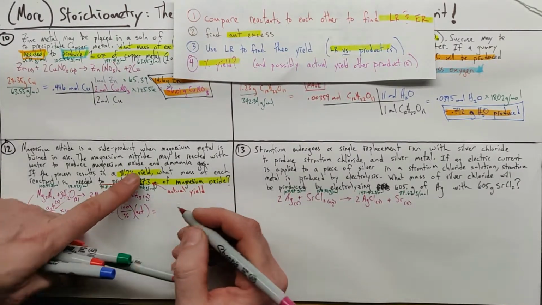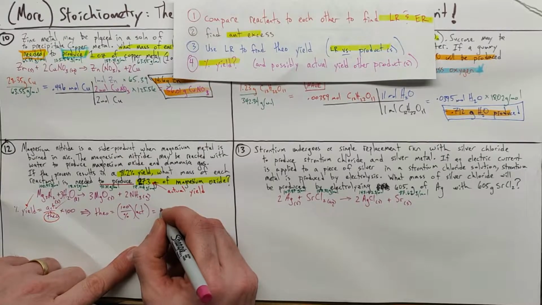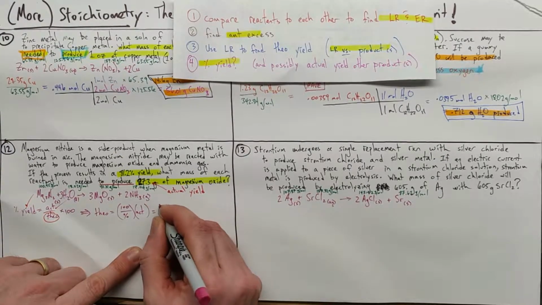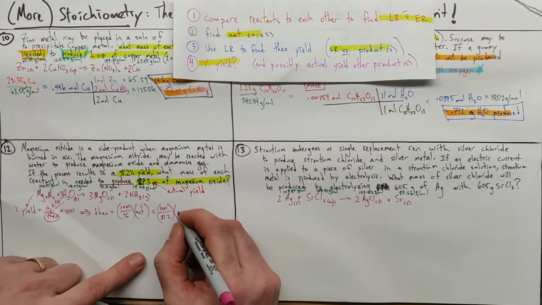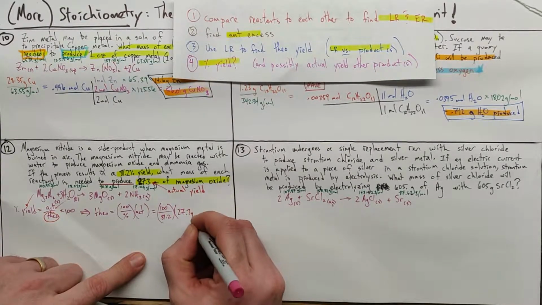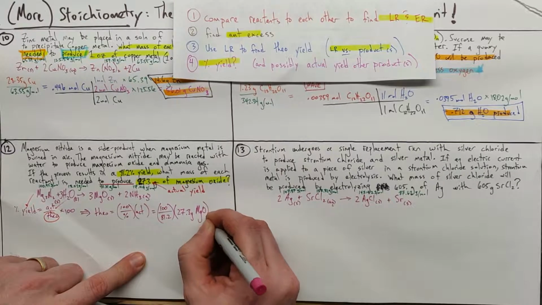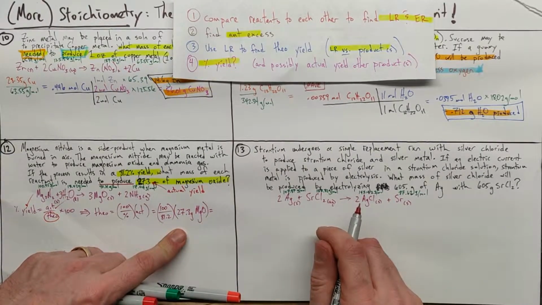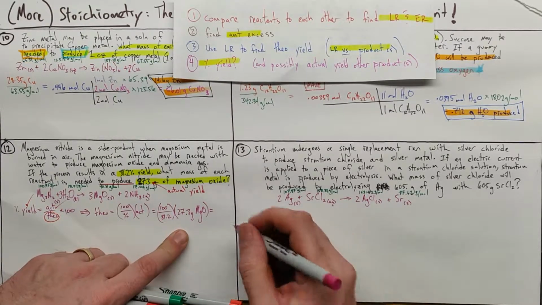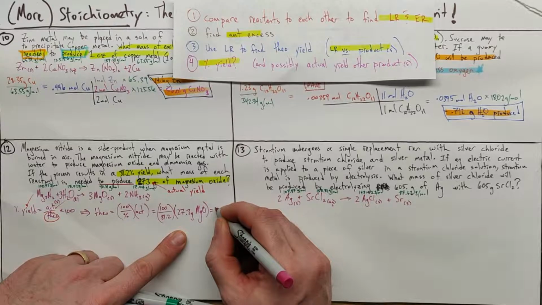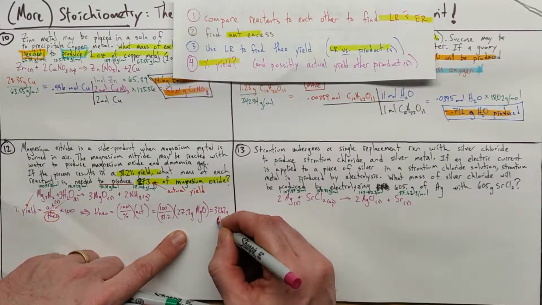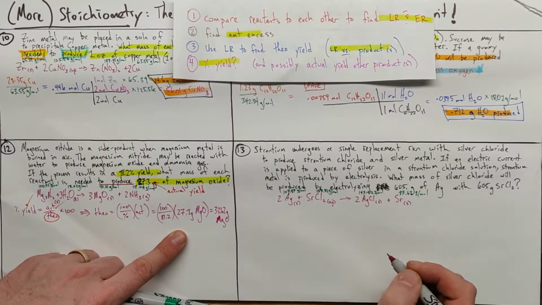In this case, that's going to be 100 over 81.2 times our actual yield, which is 27.3 grams of MgO. All right, this will get us our theoretical yield, and in this particular case, it looks like 33.62 grams. That is our target theoretically.